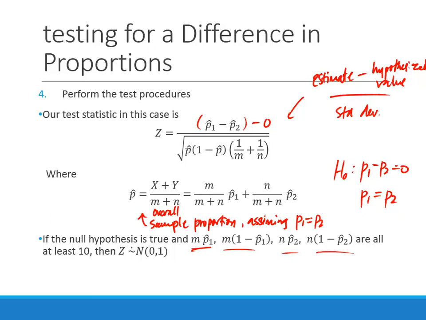So as long as m times p1 hat and m times 1 minus p1 hat are at least 10, same for the second sample. That will be our check here for proportions, just making sure that we have independent random samples, and also that those four quantities are all at least 10. Okay?